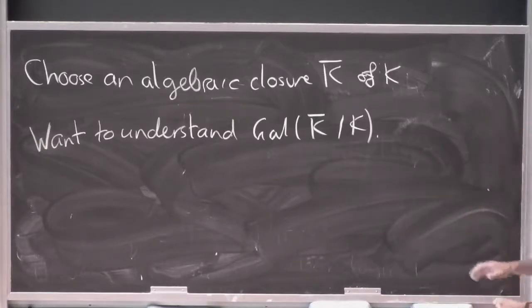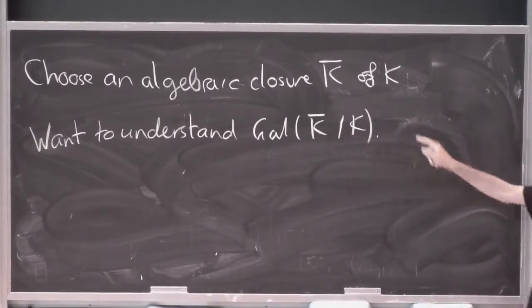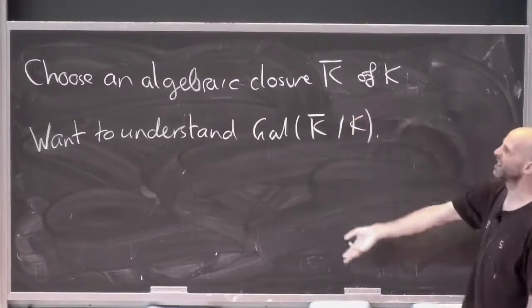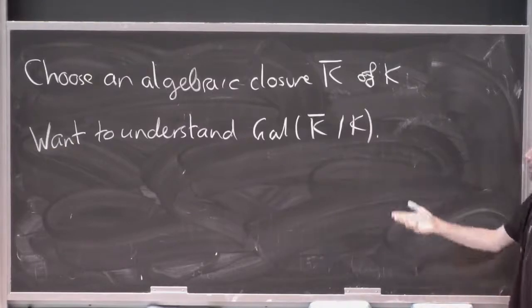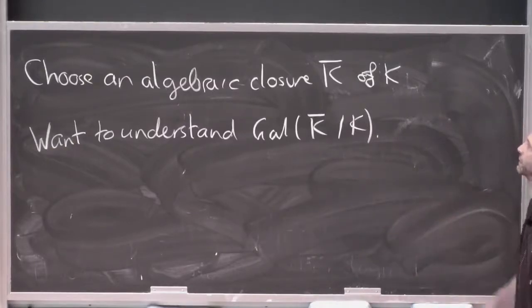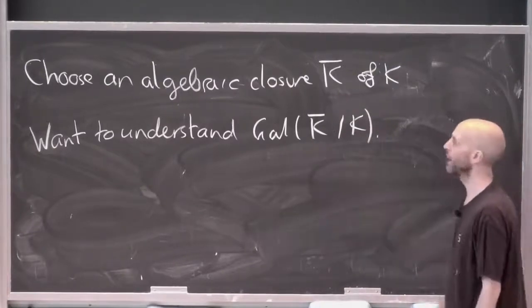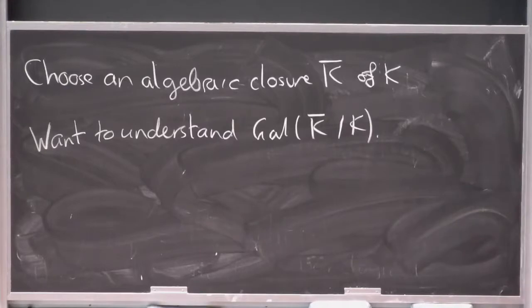I make my Galois group Gal(K-bar 1 over K), and you make yours, Gal(K-bar 2 over K), and these groups are known to be isomorphic. But if we want an isomorphism, then I've got my algebraic closure K-bar 1, and I look at your field K-bar 2, and I have to think of an isomorphism. So I fix a random isomorphism between my K-bar 1 and your K-bar 2. And you do just the same. You want to relate your group to mine. So you choose a random isomorphism between K-bar 2 and K-bar 1, and the composite of those things probably isn't the identity.